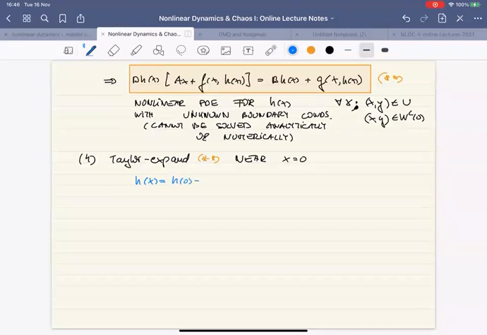If I expand around 0, this is a multivariable Taylor expansion, then the first term is just a 0th order term, h at 0. Then I take the Jacobian of h at 0 and multiply it by my distance from the origin, which is just x, right? And then maybe I write out the next term, which is the second order term.